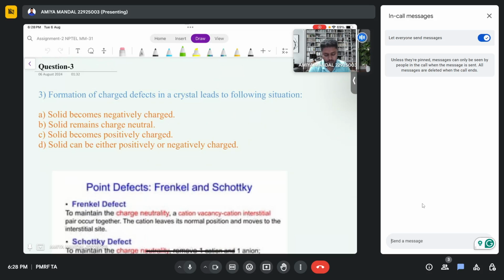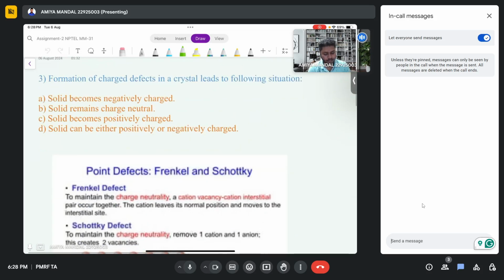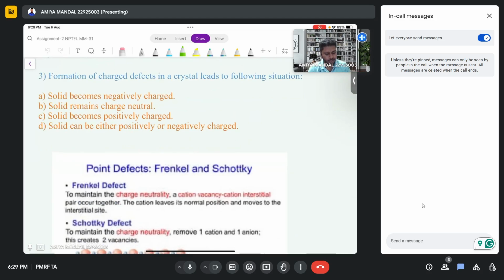What is question number 3 telling about? Formation of charge defects in a crystal leads to the following situation. If a charge defect, what type of charge defect? It will be point defect, stoichiometric defect, zero-dimensional defect, Frenkel defect, or non-stoichiometric defect.